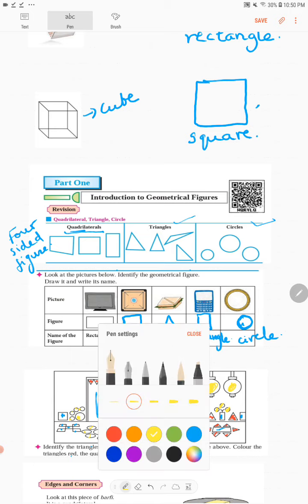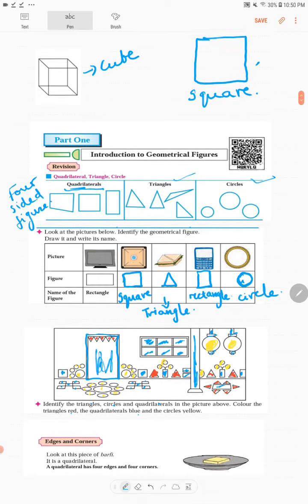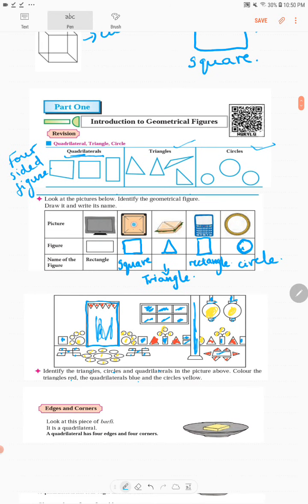Now children, if you see, this is a rectangle. But how many sides does it have? Now look at this piece of barfi. Its shape is quadrilateral. So how many sides does it have? 1, 2, 3, 4.